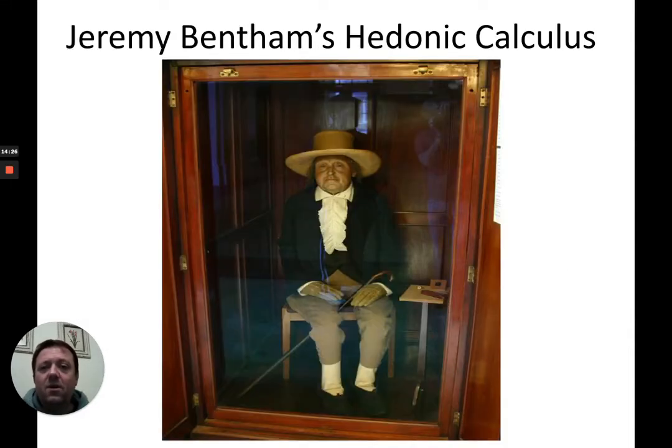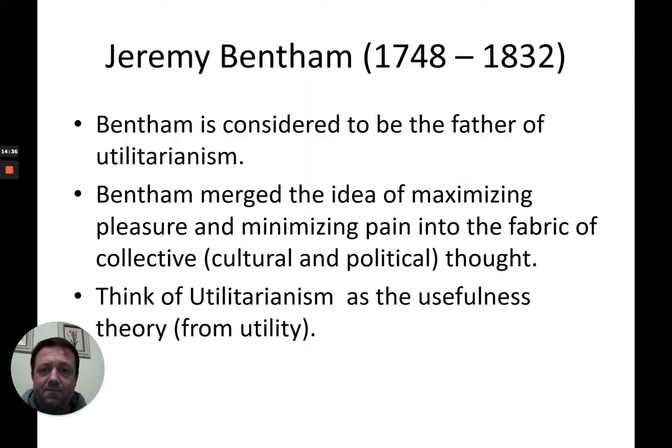So the honour of the invention of utilitarianism goes to Jeremy Bentham, and there he is in his glass case at University College London. Bentham merged the idea of maximising pleasure and minimising pain into cultural and political thought. That was his main aim.